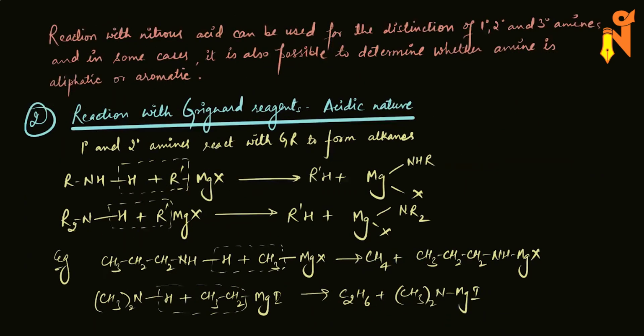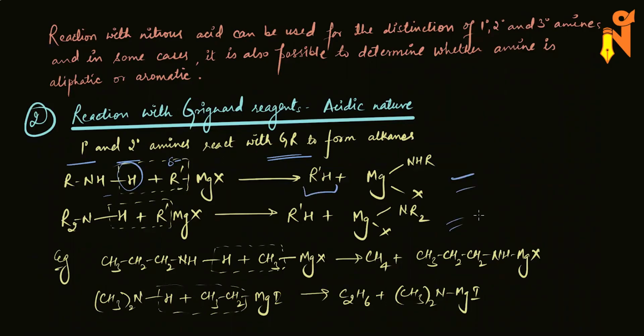Next is reaction with Grignard reagent. We have already discussed this in the Grignard reagent chapter itself, that you have the acidic hydrogen in amines. Basically only primary and secondary amines tend to react with Grignard reagent because they have these acidic hydrogens over here. These hydrogens will go along with the delta negatively charged R dash of the Grignard reagent, forming alkane, and the other side products will be formed.